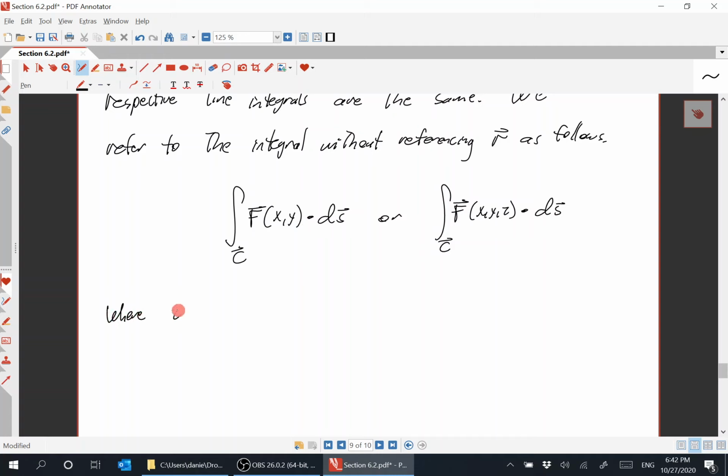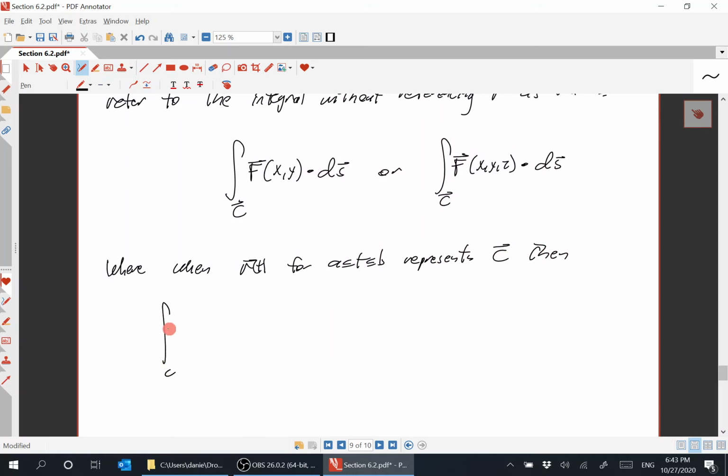Where, when r of t for a less than or equal to t less than or equal to b represents C, then the line integral along C of F dot ds, so this is not even mentioning x, y, and z, just F dot ds, and that's just fine, nice compact notation, is equal to the integral from a to b of F of r of t dot r prime of t dt.